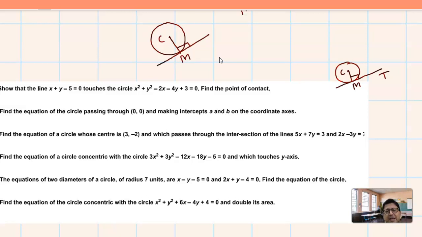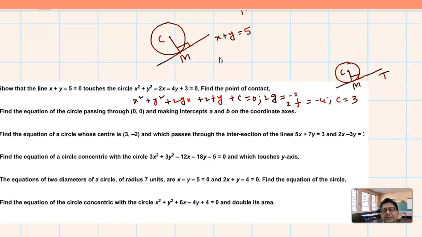This line CM is x plus y equal to 5, and the center of the circle can be found quickly when you compare with x square plus y square plus 2gx plus 2fy plus c equal to 0. 2g is equal to minus 2, 2f is equal to minus 4, and c is equal to 3.